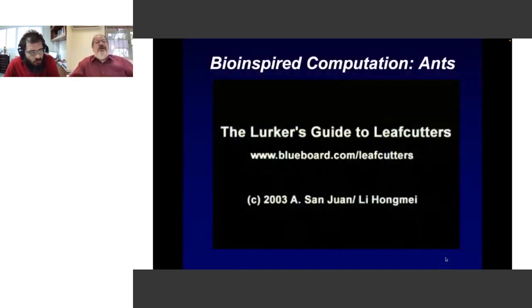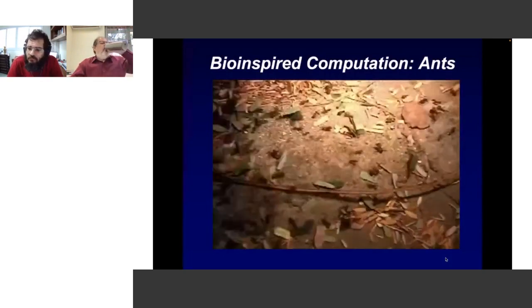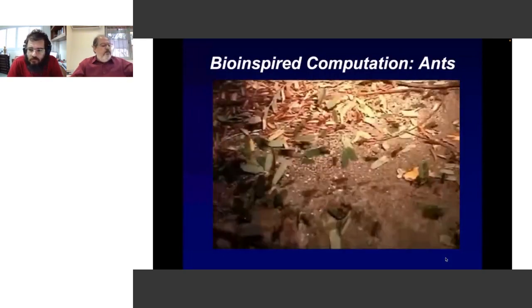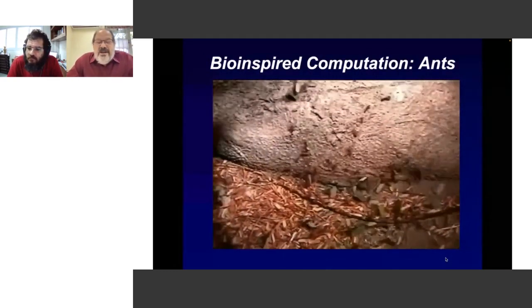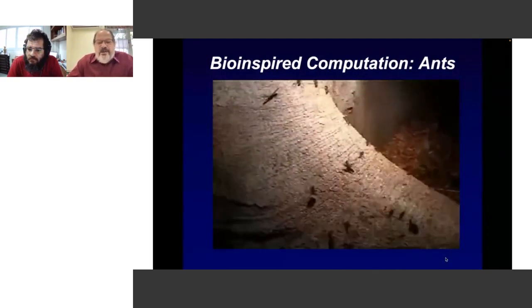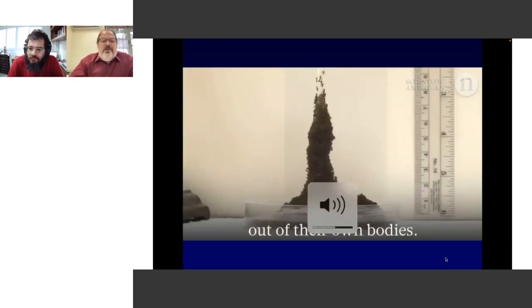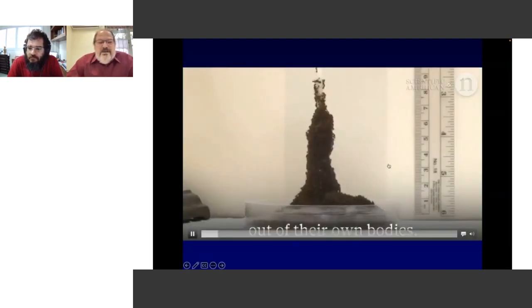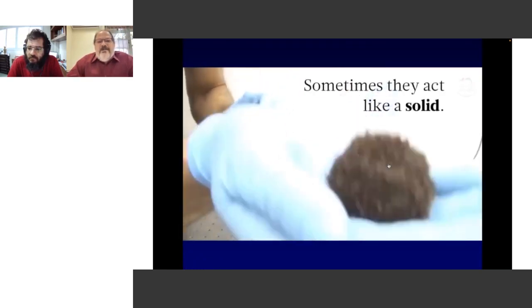One thing that you can do is use bioinspired computational algorithms. You see, ants behave smart as a colony, but individually they are very stupid. Yeah? But you see, they are good engineers. They can build, they can behave like a solid sometimes.